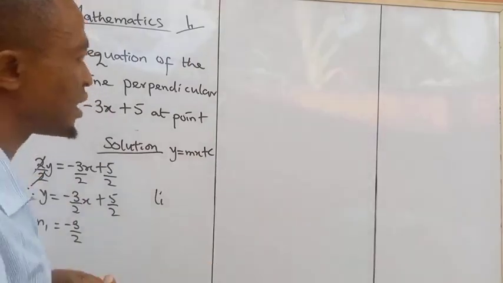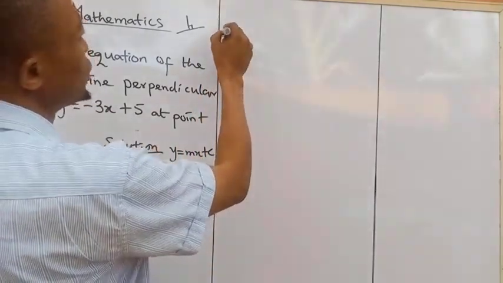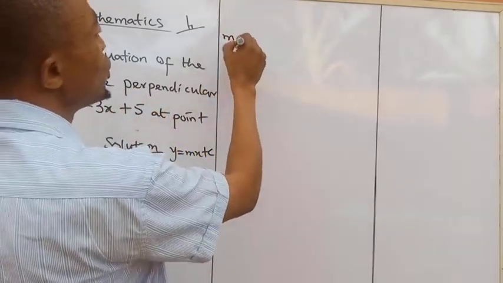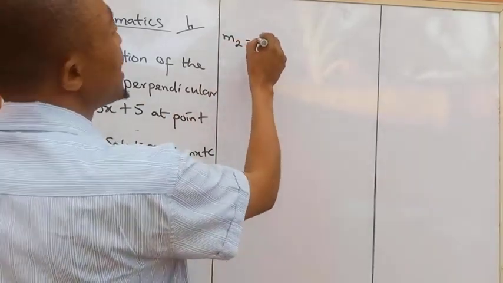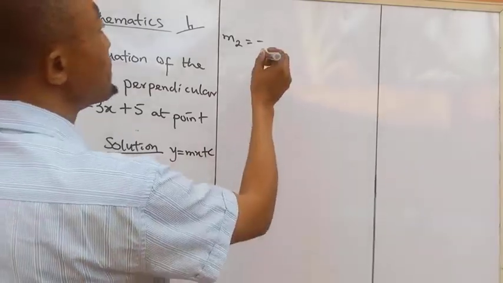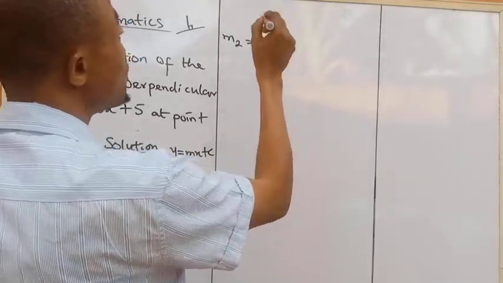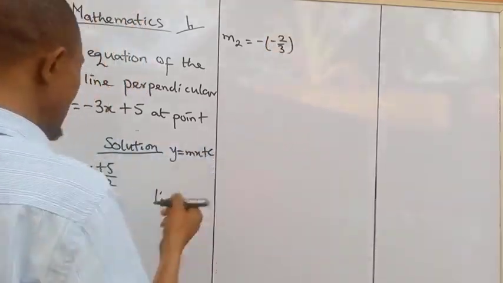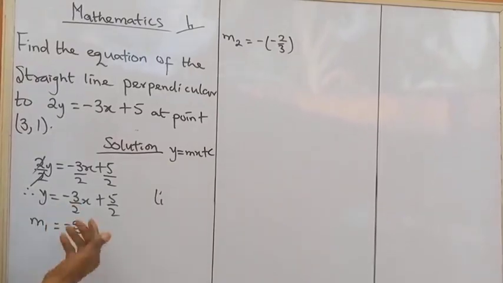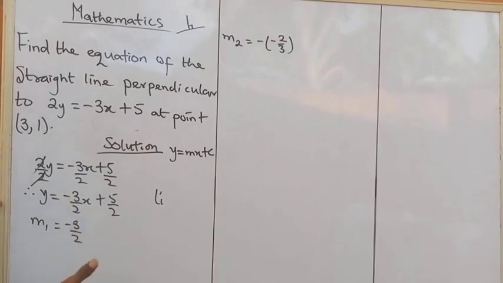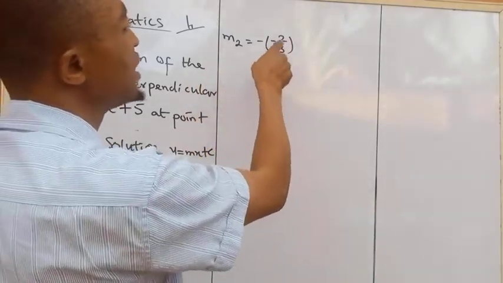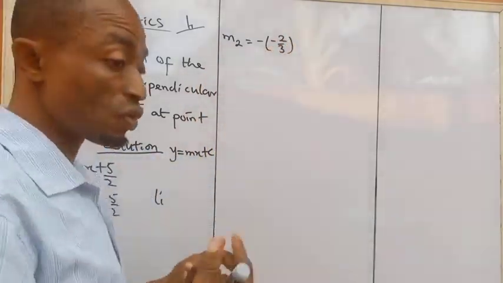The second gradient, I will call m2, the gradient of the line that I have not known. m2 equals minus, open brackets, negative 2 over 3. You can see that I turned this, the inverse of negative 3 over 2 is negative 2 over 3. So m2 equals negative, open bracket, negative 2 over 3.